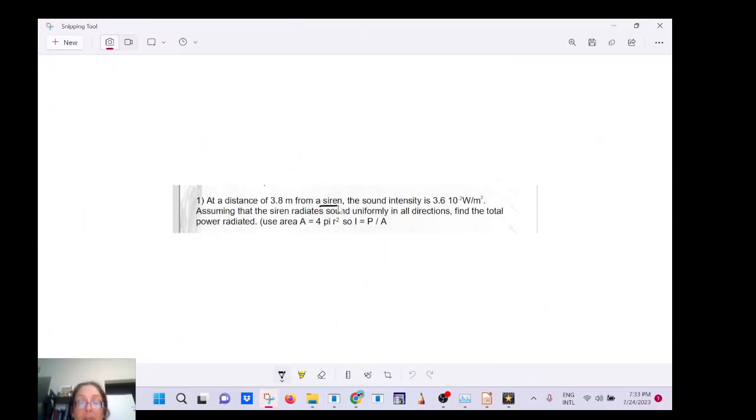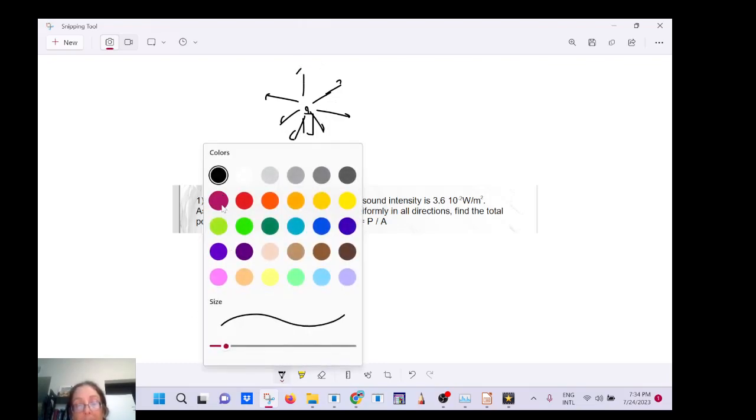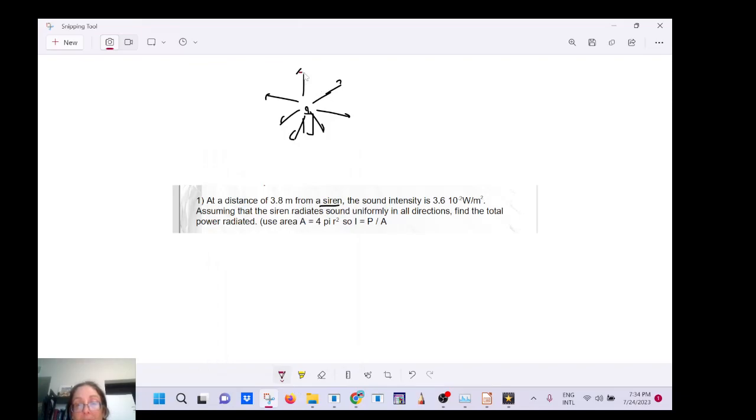So the source is a siren. So you have a siren here, emitting a sound in all directions. So it's spherical. So you can imagine that the energy is flowing through an imaginary sphere here.